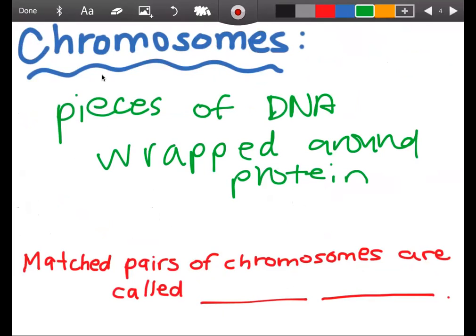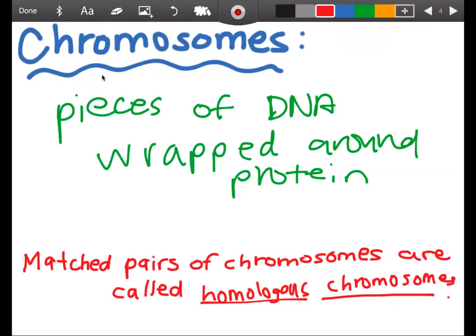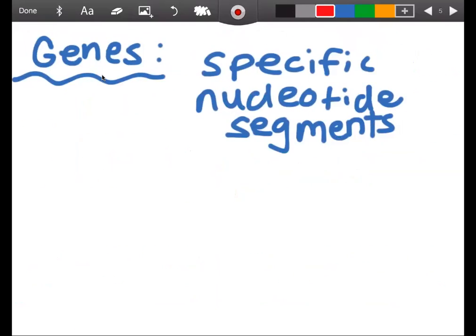These matched pairs of chromosomes are called homologous chromosomes. Essentially, these are the same length as their partner chromosomes, and they have specific nucleotide segments. These specific nucleotide segments are referred to as genes.